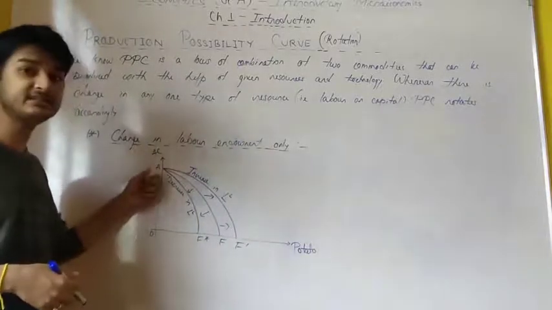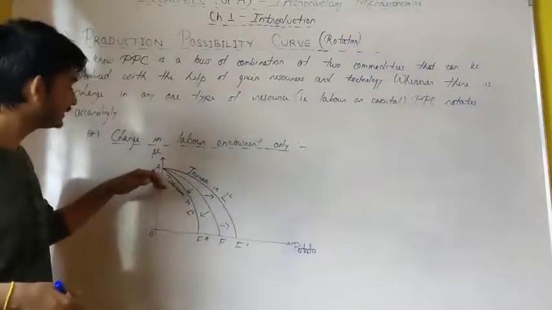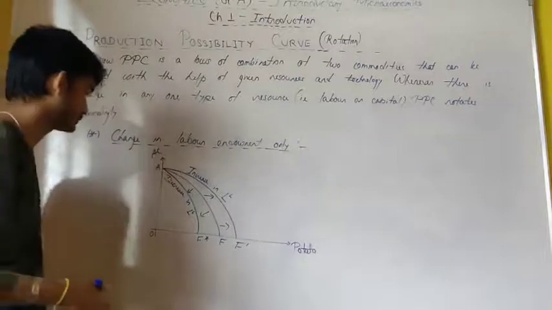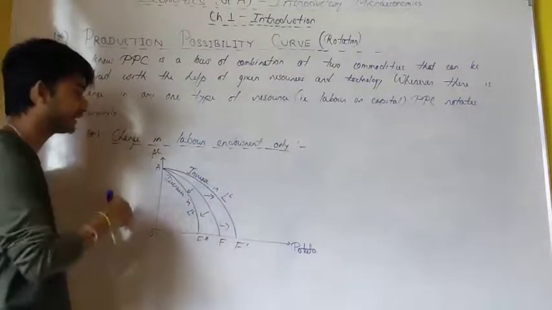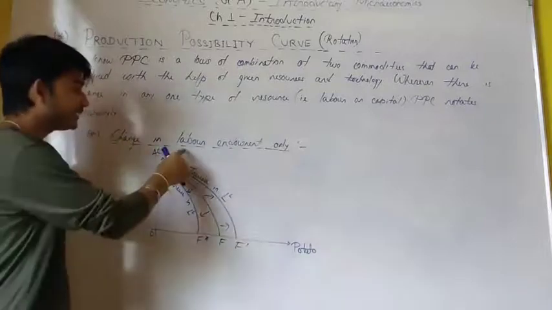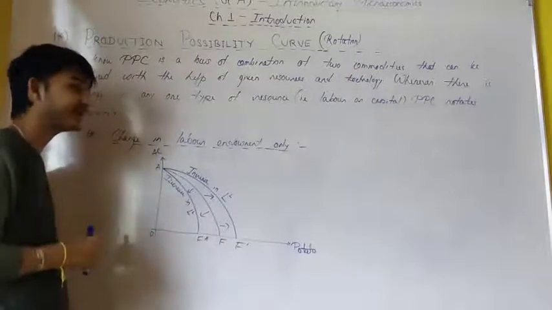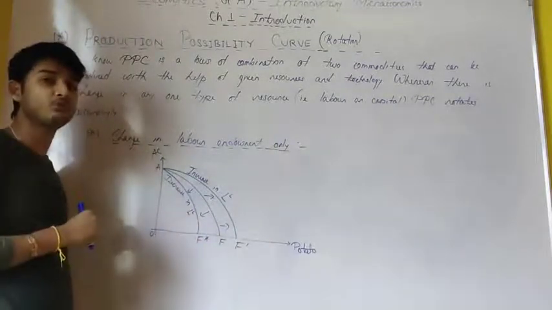Had it been an increase in capital, then this A point would have shifted somewhere upwards or downwards. But here we are focusing only on increasing labor endowment. So as labor is increasing and AC is a capital intensive item, the production of AC will not increase.